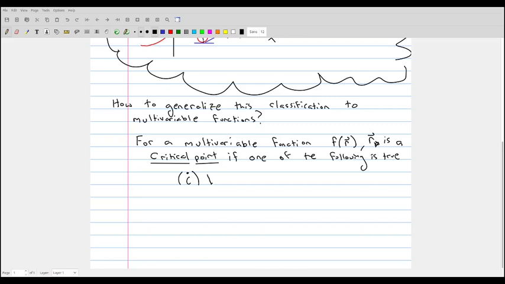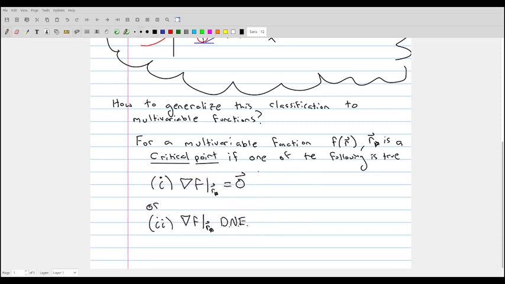So we say that r star is a critical point if the gradient vector of the function at the point r star is exactly equal to the zero vector, or the gradient of the function just flat out does not exist. So this is our direct generalization of the idea of a critical point from 1D into ND.